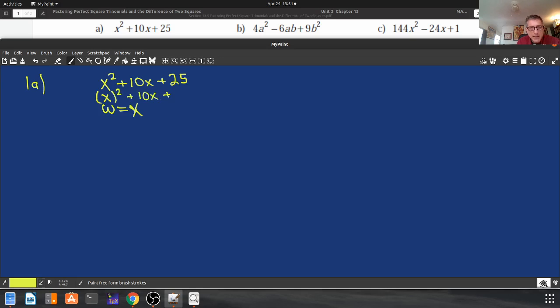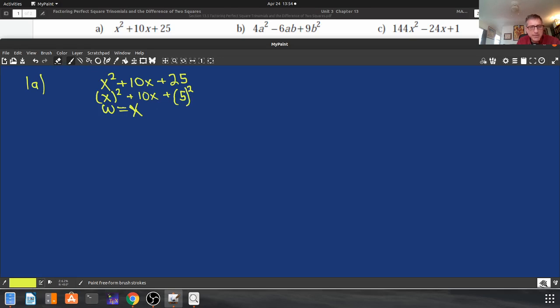And then I look at my last term, and this is usually where the work is. What times itself gives me 25? If you know anything about square roots, you realize that is 5 squared. There's no reason to put that in parentheses, but you can if you want, if you're pattern matching.